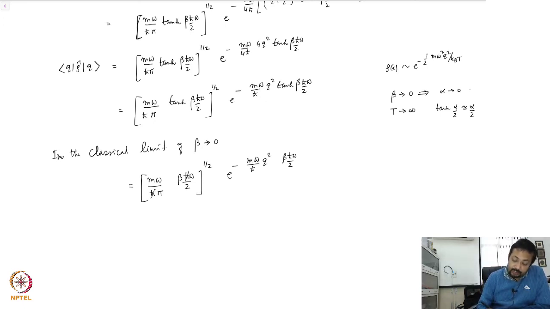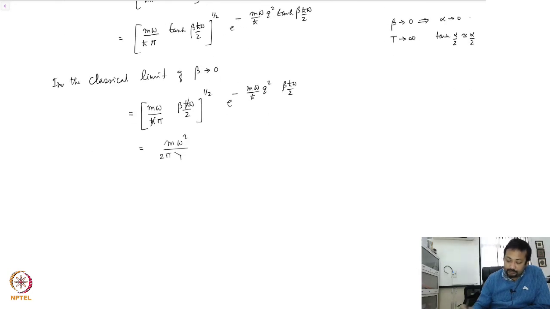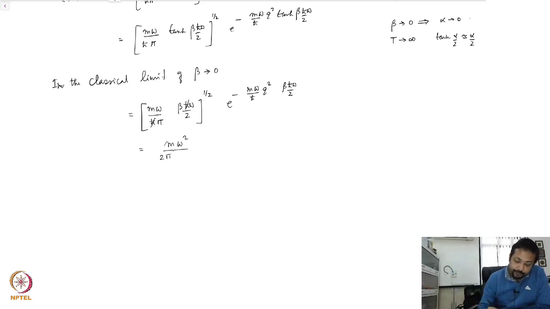H bar cancels out, and then I have m omega square over 2 pi kBT raised to the power half, and then you have the half factor comes over here, the h bar cancels, I have omega and omega gives me omega square, m omega square, q square, I have a beta which is 1 over kBT.